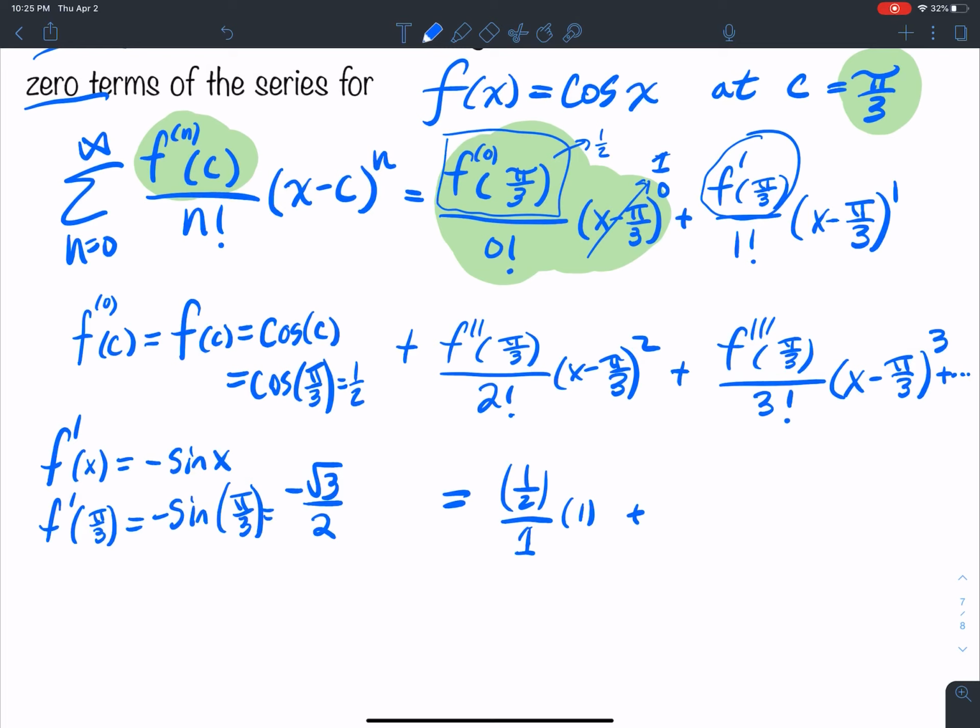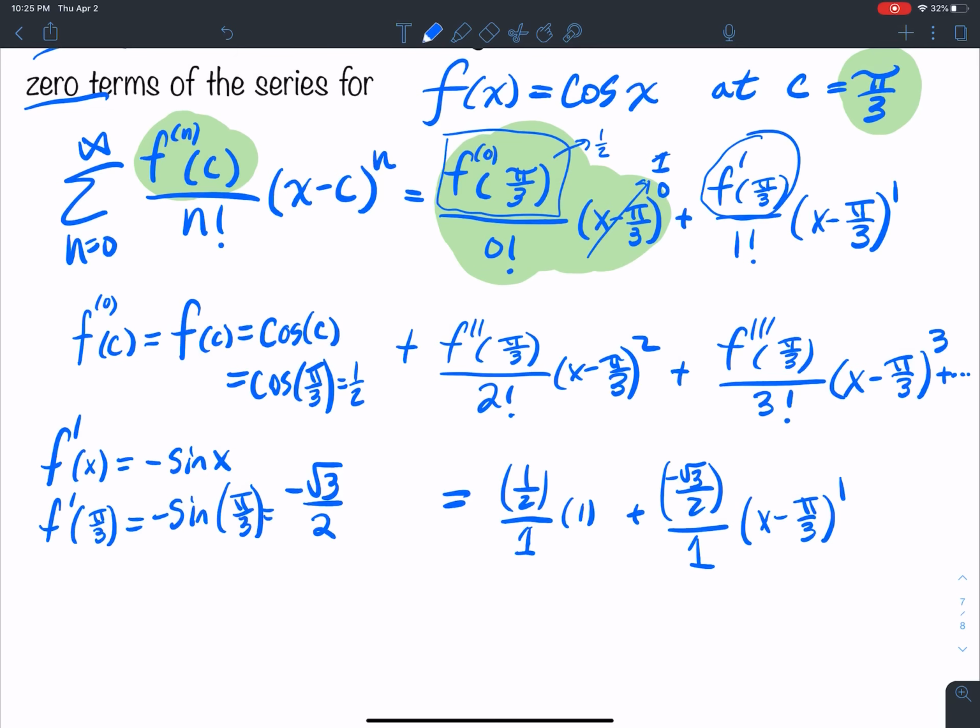So I'm going to put negative square root 3 over 2 over 1, and then x minus pi over 3 to the 1. Okay, 1 factorial is just 1. 0 factorial is just 1, right?